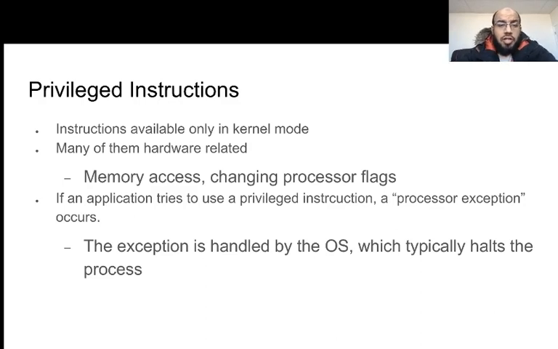If an application tries to use a privileged instruction, a processor exception occurs. When a processor exception occurs, it is handled by the operating system. One way to handle it would be to halt the process, basically stop the process because it has been trying to access an area in the memory that has not been allocated to it.